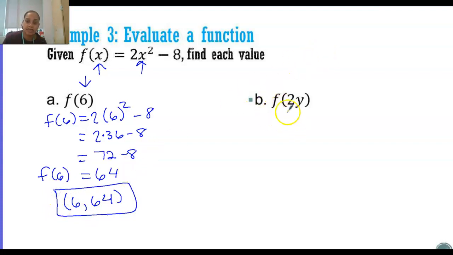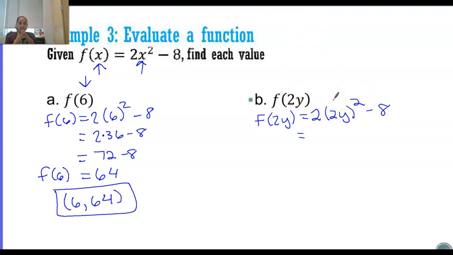And then the next one, f of 2y, same thing. Everywhere I see an x, I'm going to replace it with 2y. So f of 2y would be equal to 2 times (2y) squared minus 8. So let's see how that would look. Of course, I'm going to do the inside the parentheses first.